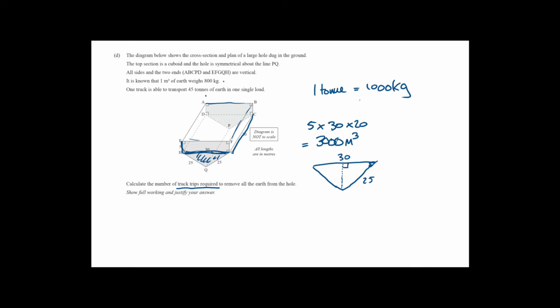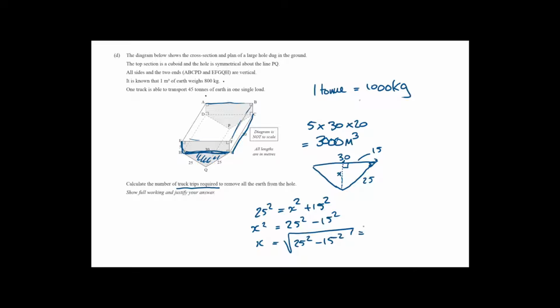But we've got a right angle triangle, and if this is symmetrical, this side from here to here must be 15. Now we can use Pythagoras' theorem. So let's call that x. So 25 squared is equal to x squared plus 15 squared. So x squared is equal to 25 squared minus 15 squared. So x is equal to the square root of 25 squared minus 15 squared.